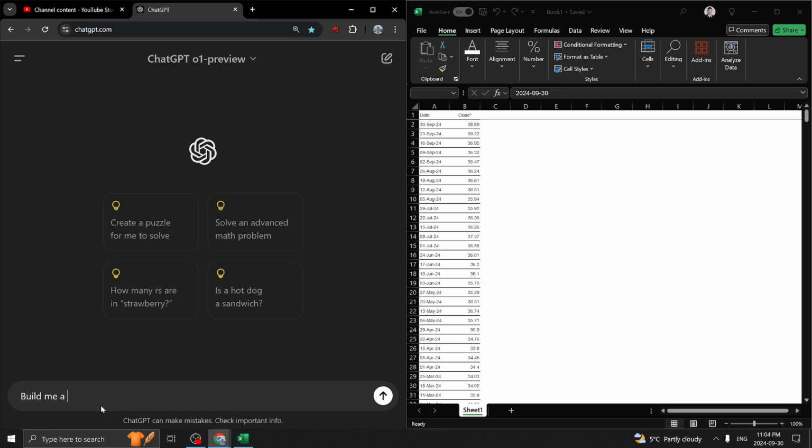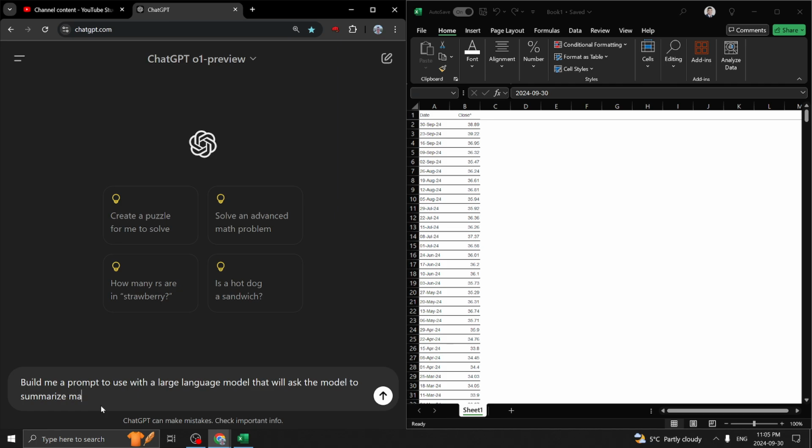Build me a prompt to use with a large language model that will ask the model to summarize major events such as large upswings and downswings in a price data set.